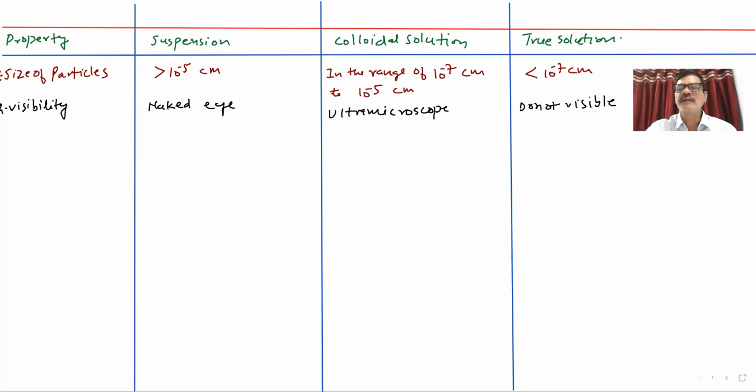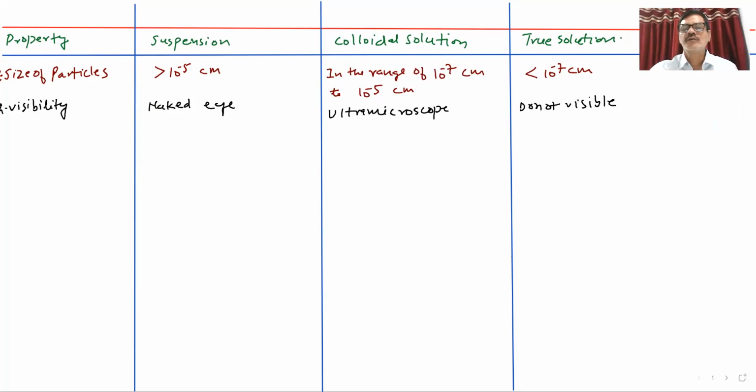It is not visible at all. So this is the difference for visibility. After this, we are having the next properties.